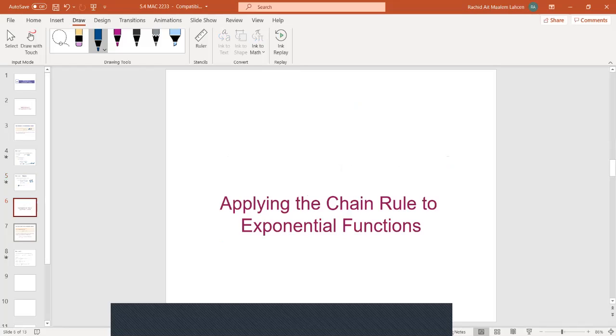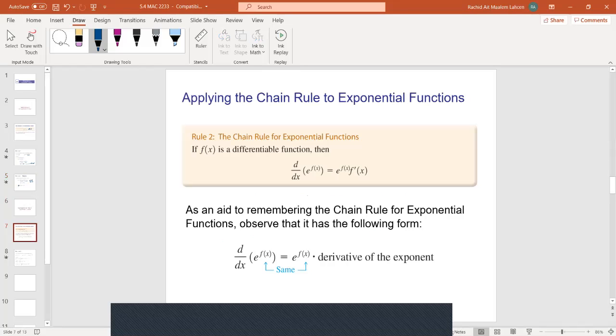Applying the chain rule to exponential functions leads us to rule number 2. It's a nice formula applied to exponential functions, and it uses the chain rule. For e to the power f of x, you just do e to the power f of x times f prime of x, which is the derivative of the inside for the chain rule.